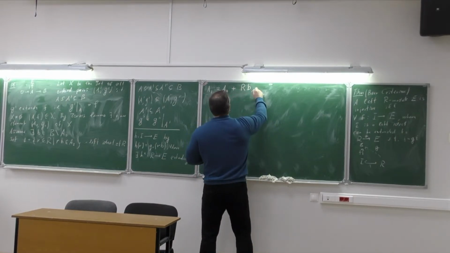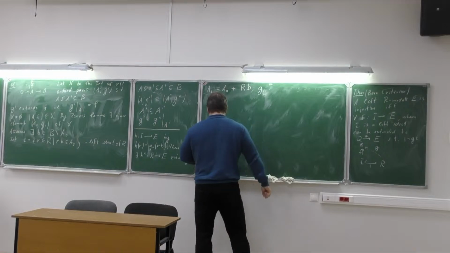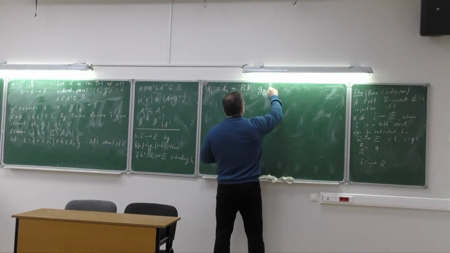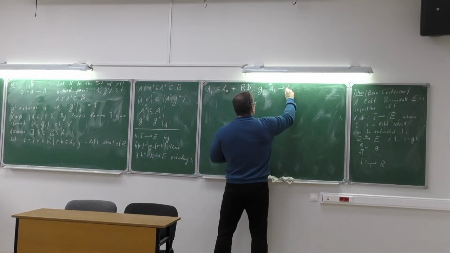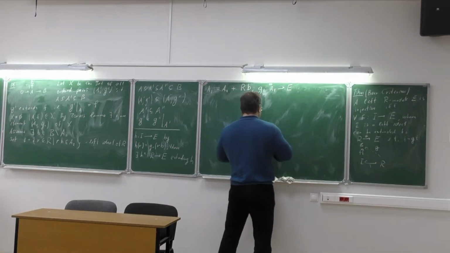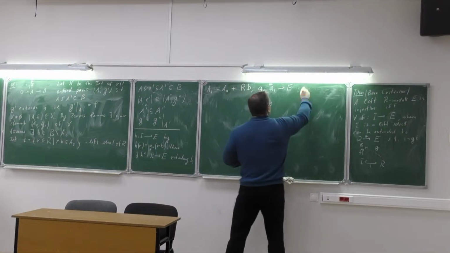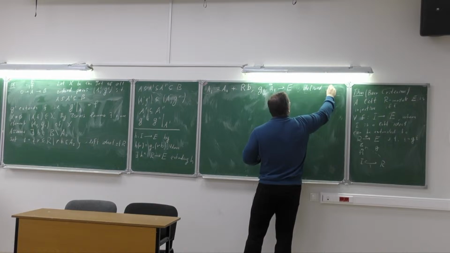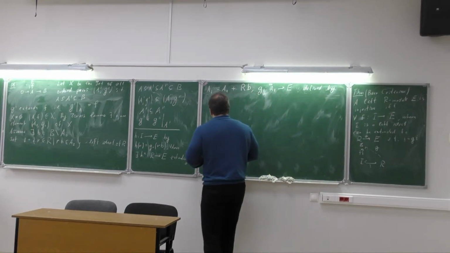And then we can also define a map G1, the extension of the given map F. So G1, a map from the A1 to the E, and this is defined by the following formula.